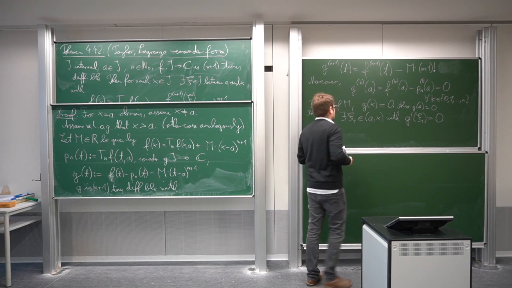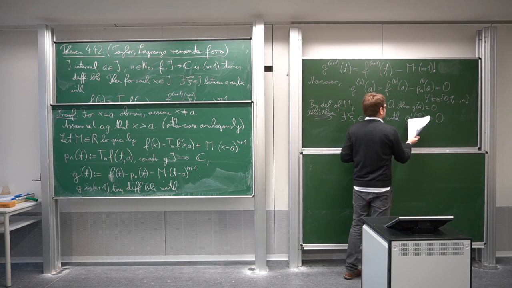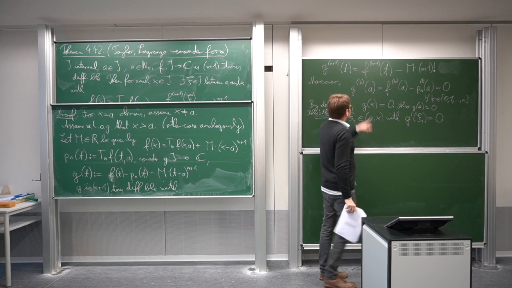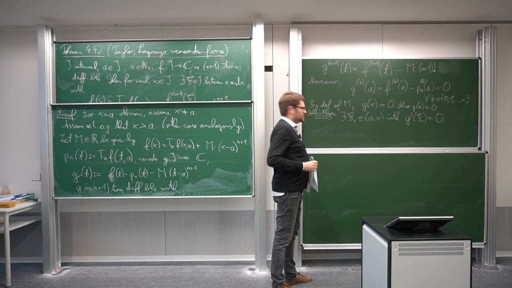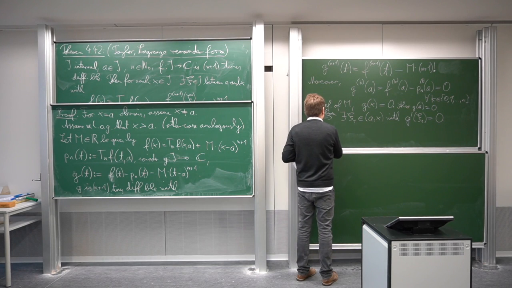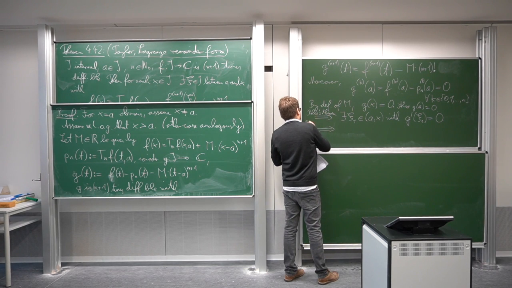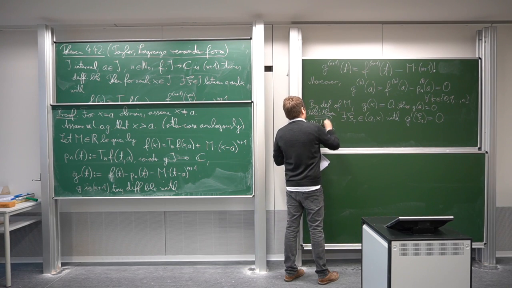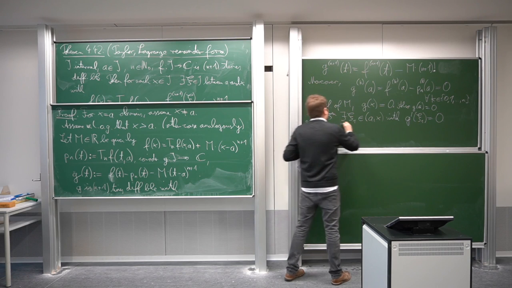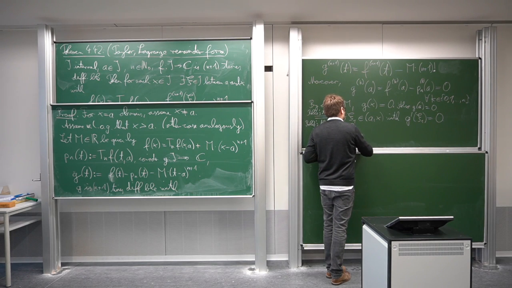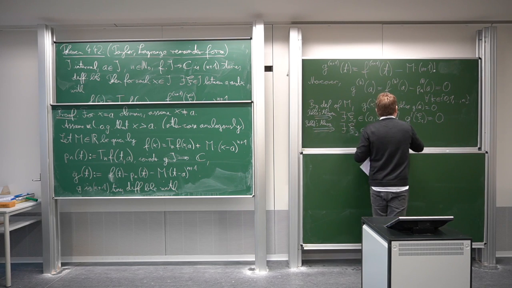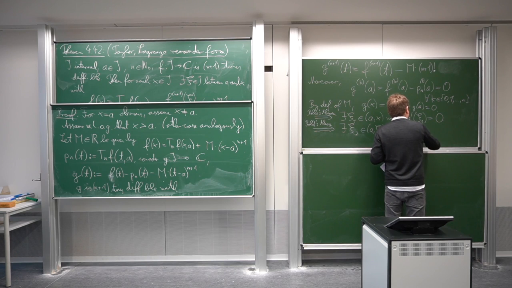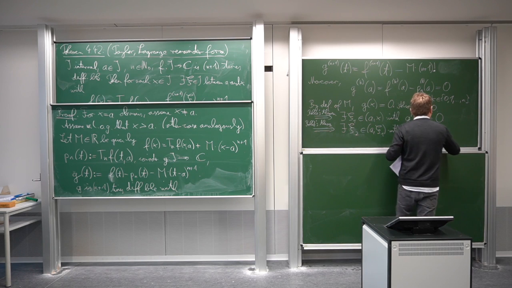But now we're in the same situation as before, namely now we know that g prime of psi1 is 0, and here we've seen that g prime of a is 0. And since this is twice differentiable, we can apply Rolle's theorem again. By another iteration of Rolle's theorem, there exists some number psi2 between a and psi1 with g prime of psi2 is 0.